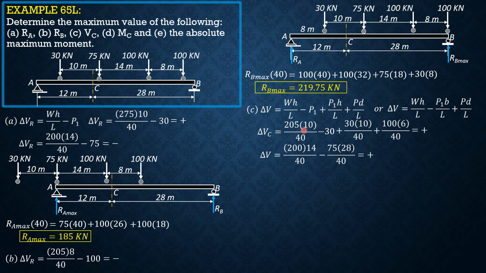Finally, when the last 100 kilonewton load is positioned over C, W would be 200, P1 is 100. So WH is 8 over L 40 minus 100. That's the criterion.